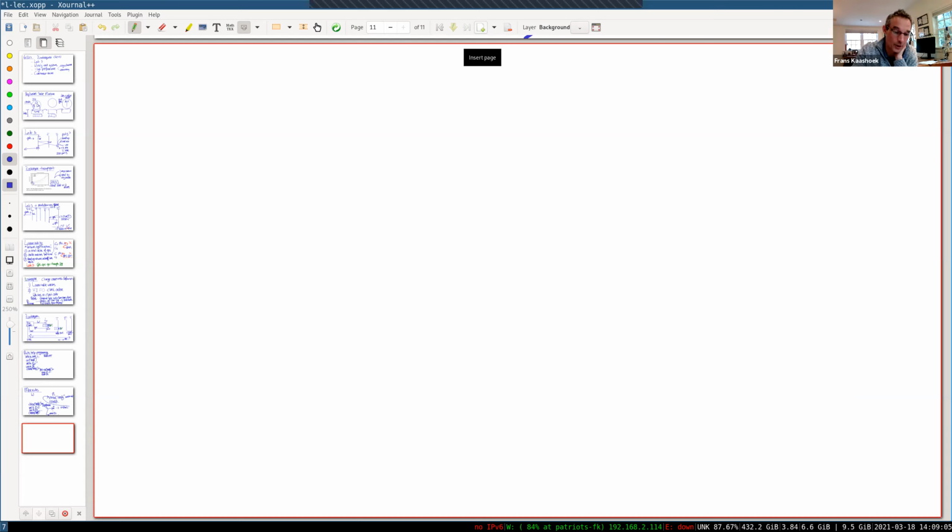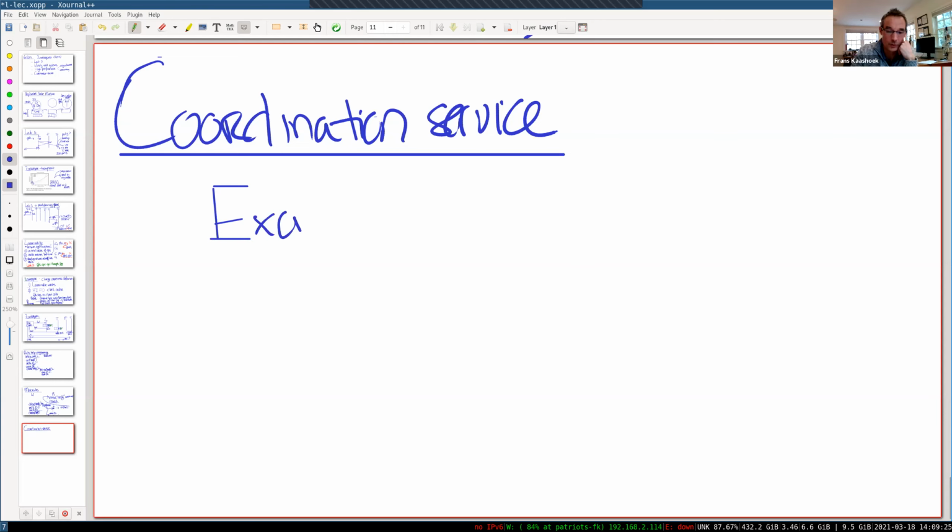So now there's another aspect to this programming model that I want to talk about, which is really related to the coordination service part. What does it mean to be a coordination service?